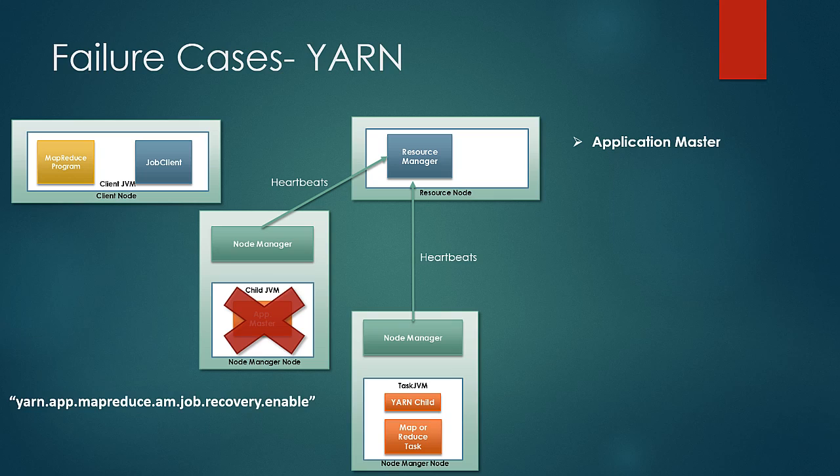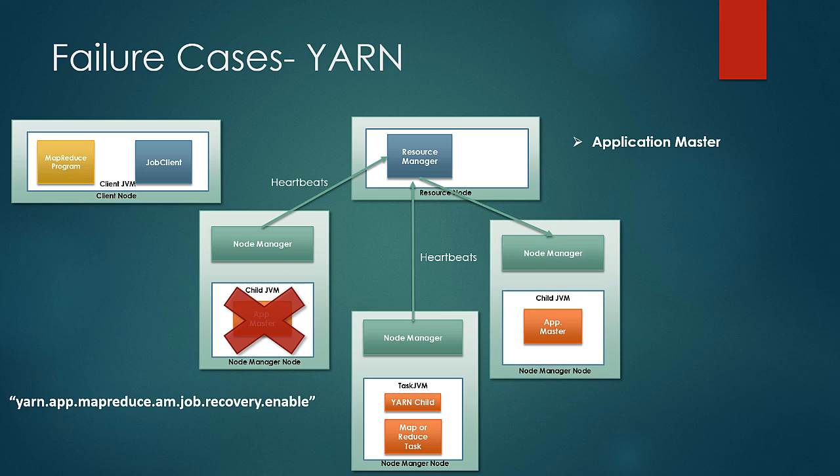The steps taken by Hadoop in case of failure of application master is on similar lines to the steps taken in case of task failures. When the application master fails, the resource manager stops getting the heartbeats from the application master. Resource manager recognizes that the application master has failed. Like in case of task failure, resource manager starts the application master on a new container.